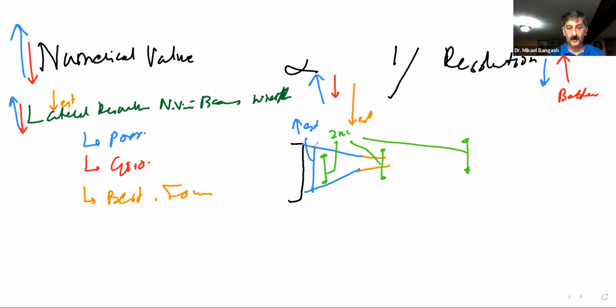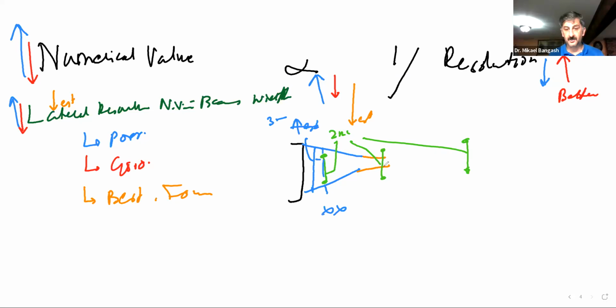Here, the width of the beam is greater than 2 millimeters. Let's say here it is 3 millimeters wide at this point. So that will give you a bad lateral resolution.